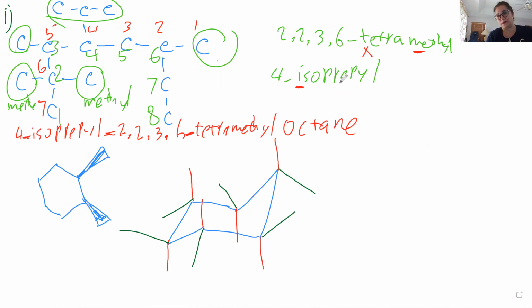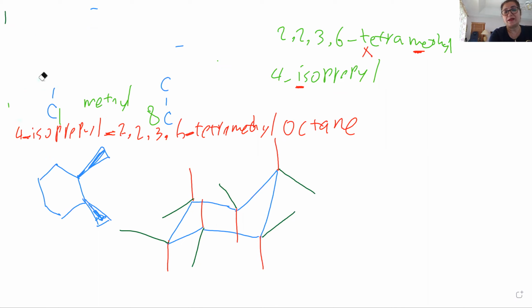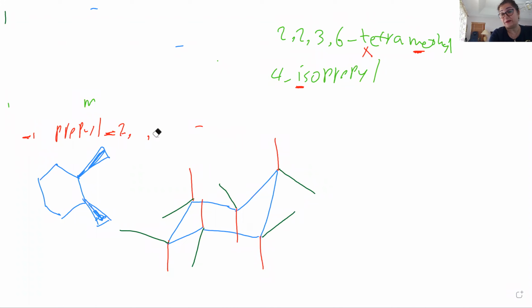About the physical property. For physical property, the effect of the intermolecular forces is going to determine the physical property. Now, if we're talking about alkanes, they only have van der Waals forces or London dispersion forces, because alkanes are non-polar.